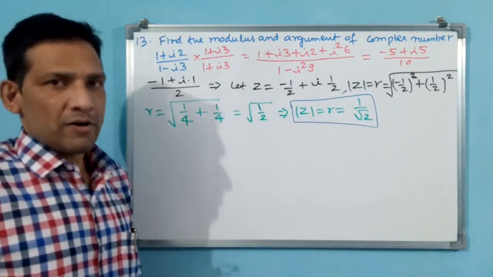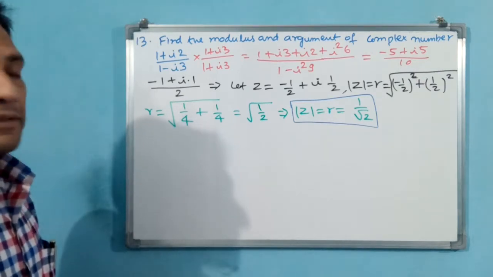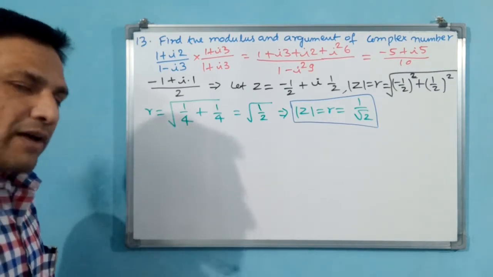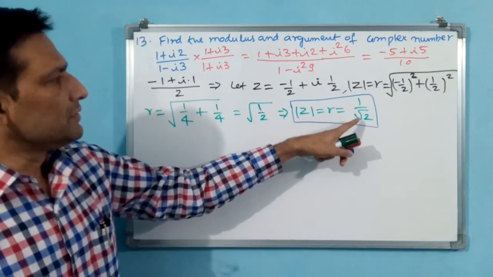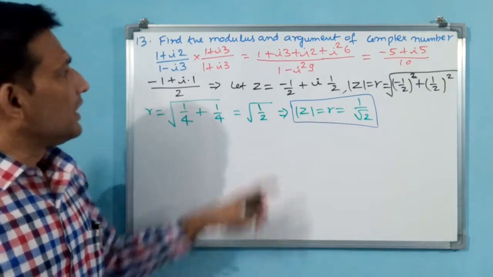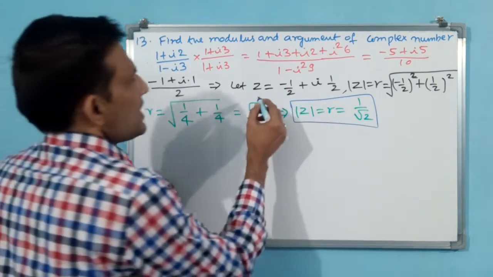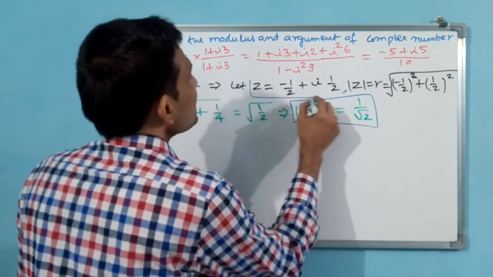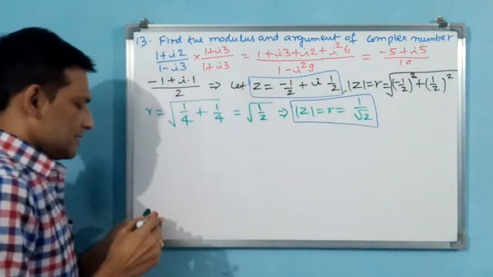Now we have to find the argument. For finding the argument, first you have to write the generalized polar form, because z has come and r has come. These are important for comparison.